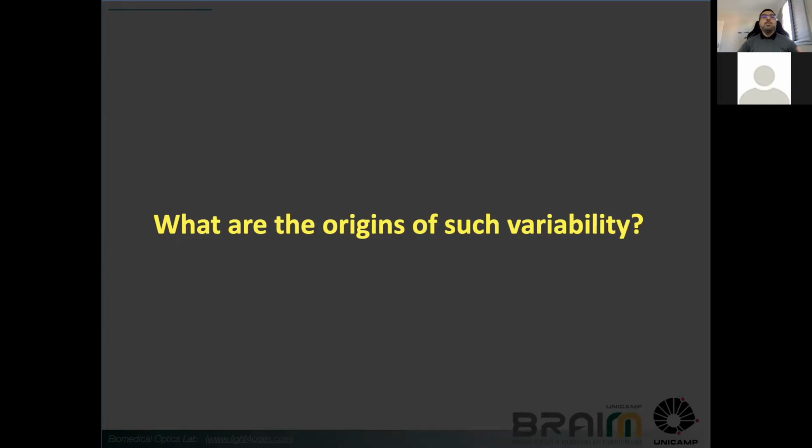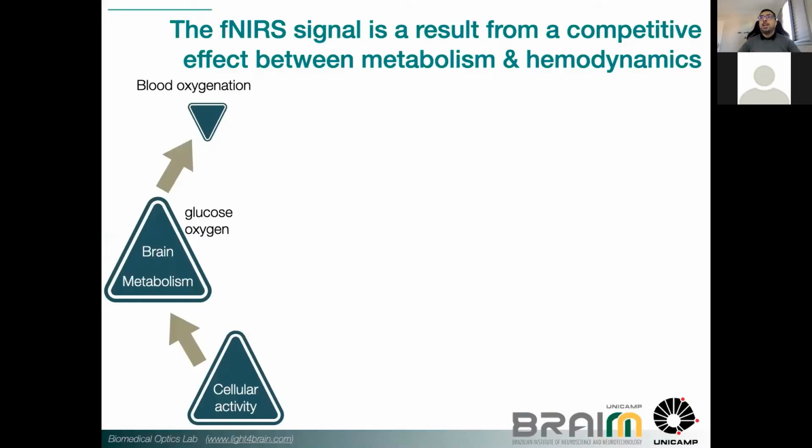So that's something that we have spent a lot of time in our lab trying to understand, right? So the first thing is, we need to understand where the fNIRS signal is coming from, and that already explains part of this variability that we see in fNIRS data, right?